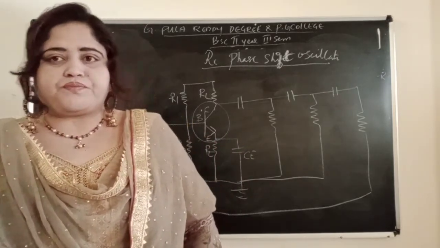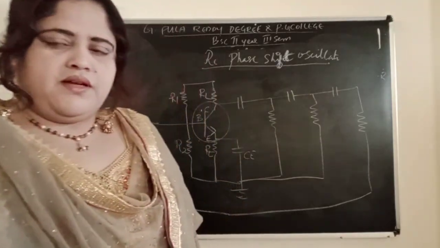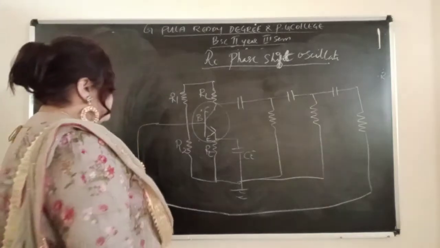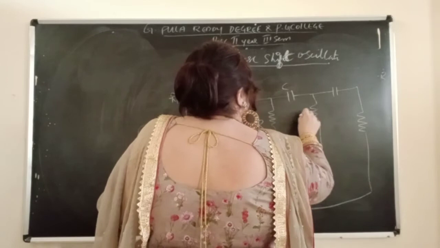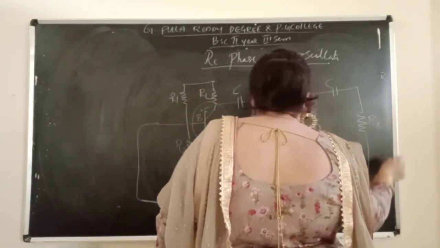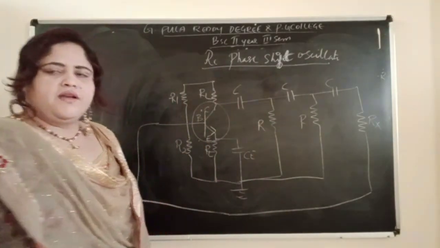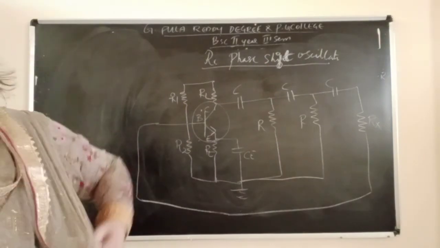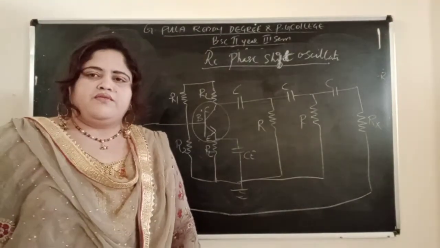Feedback means the output should be transferred again to the input. That's why you should draw it perfectly. Then mark it C, R, C, R, C, R, X. This is your marking position. So you have seen how I have drawn the diagram. See it perfectly. Now I will start the operation of your phase shift oscillator.